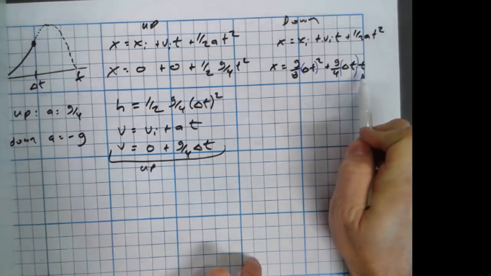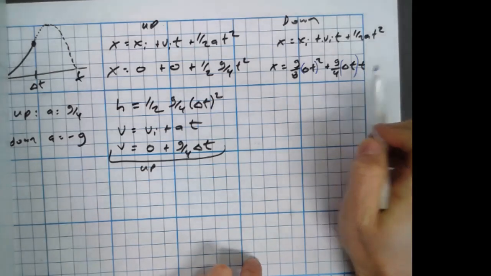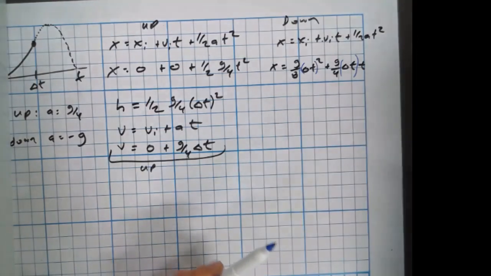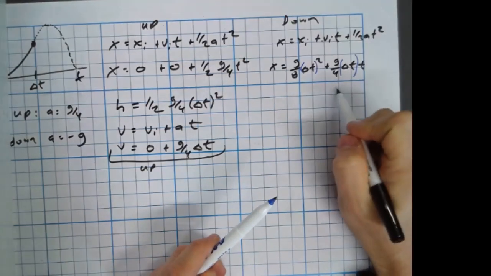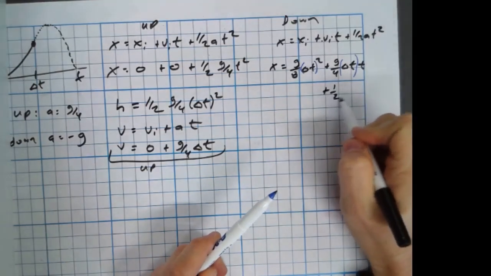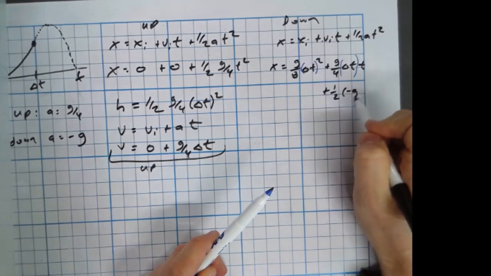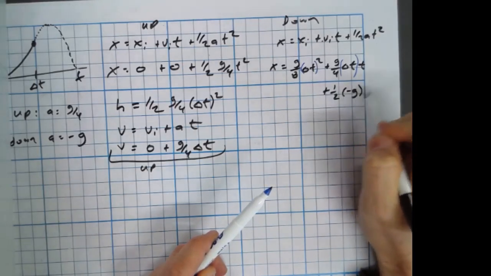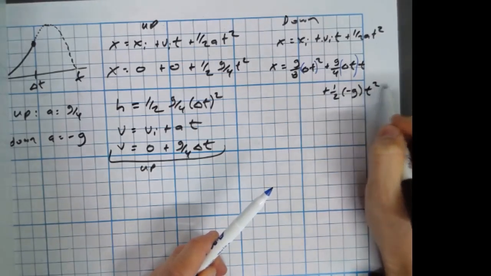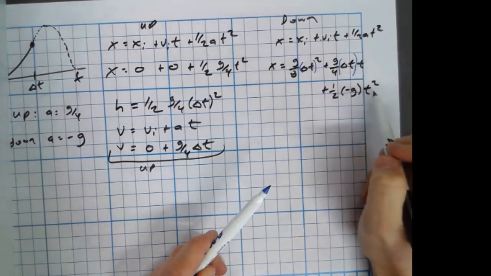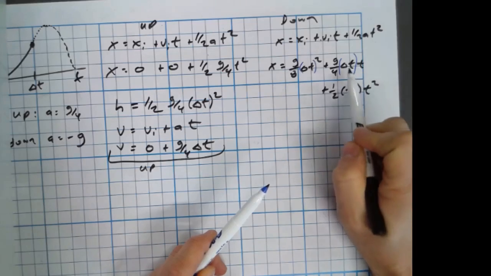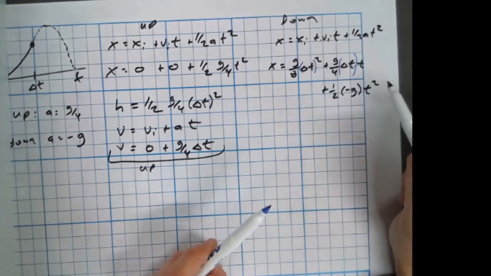That's the amount of time on the way down. And then we've also got one more term. I'll have to put it right here to fit, plus 1/2 times negative g, negative because now it's falling, and t squared. So this t here and that t there are both times on the way down. The delta t's are times on the way up.